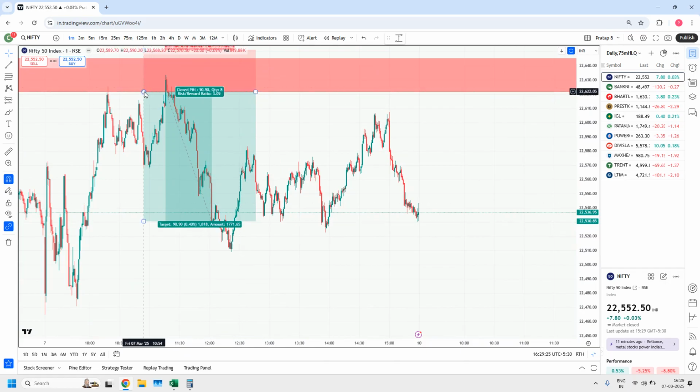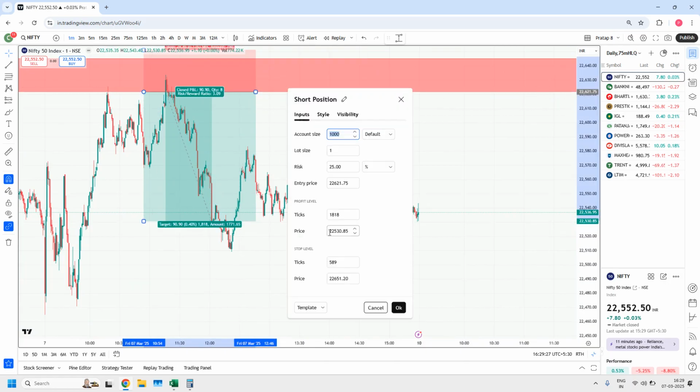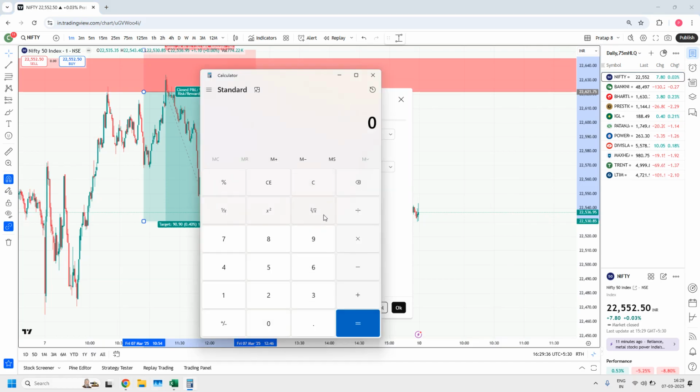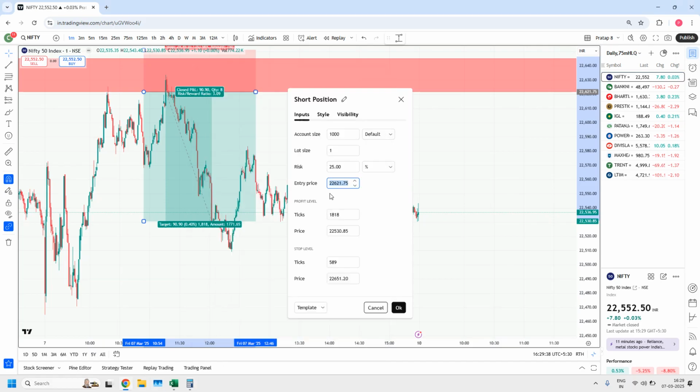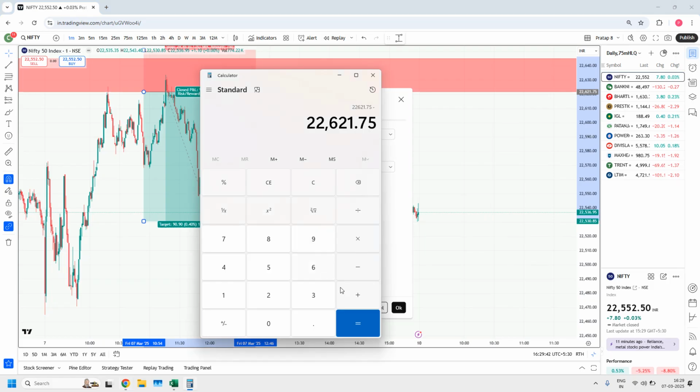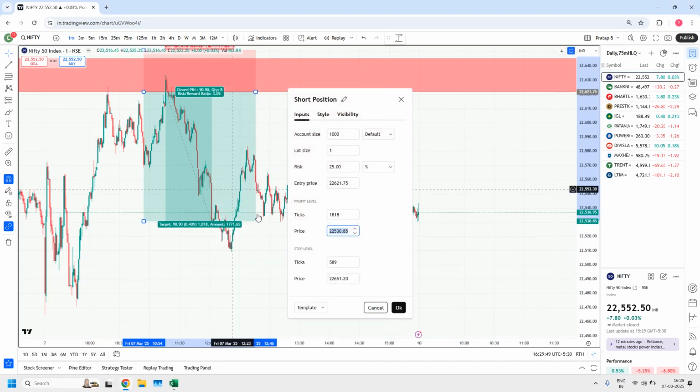Suppose if you are using 1:3 RR, how many points you would have captured? Approximately I am saying, maybe 90 points, around 90 points or close to 100 points.